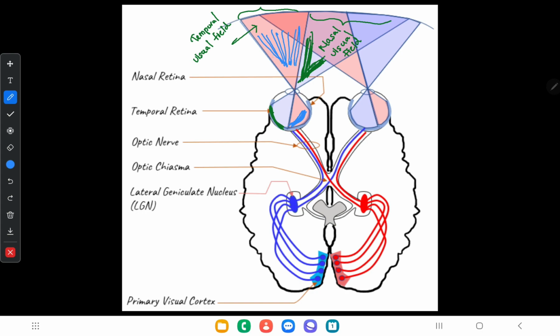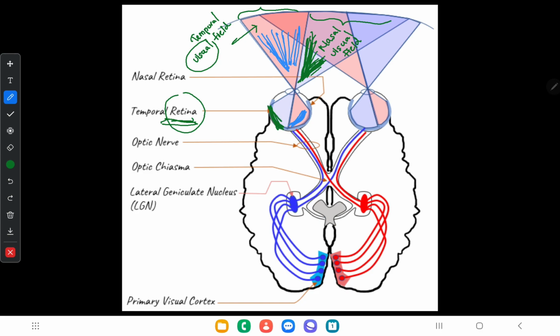This is the temporal visual field for this eye. This is the nasal visual field for this eye. So you can see the temporal retina, don't mix up these words. This is the temporal retina and this is the temporal visual field.